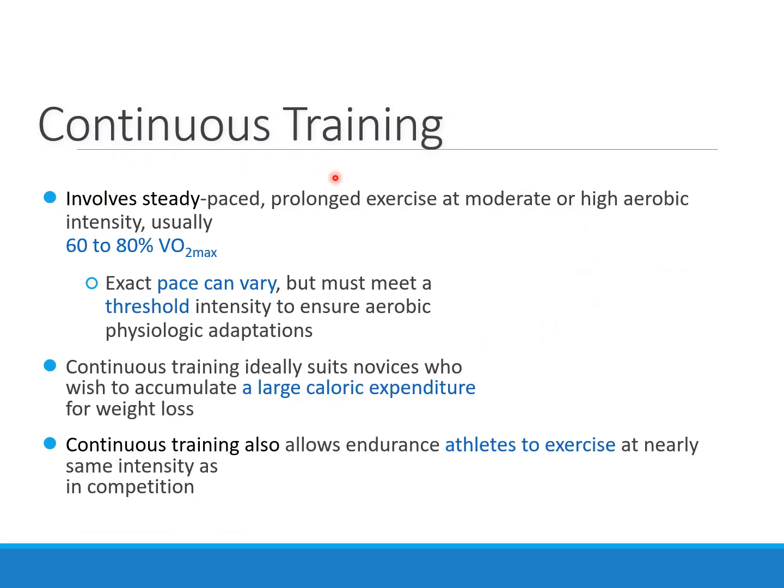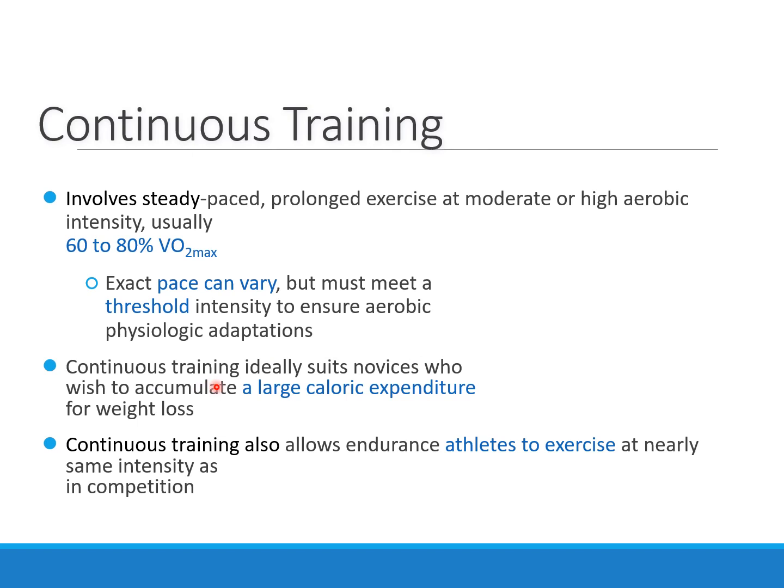Next we're going to talk about continuous training, which is just steady rate exercise for a prolonged period of time. Usually the intensity involved is 60 to 80% of the VO2 max. The exact pace can vary, but it has to meet a threshold to stress the aerobic system and the cardiovascular system so we get these aerobic adaptations.